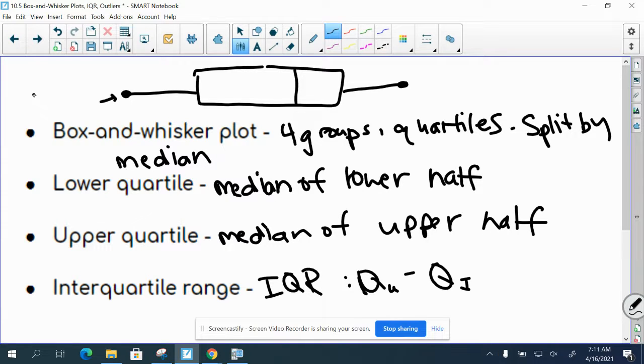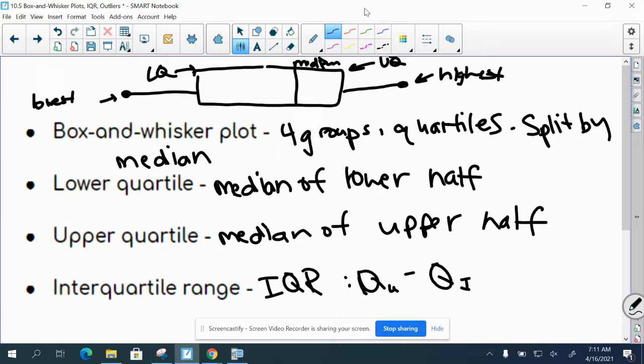So this would be the lowest point, and this would be the highest point. And this is your median. And then here, this represents your lower quartile, and this represents your upper quartile.